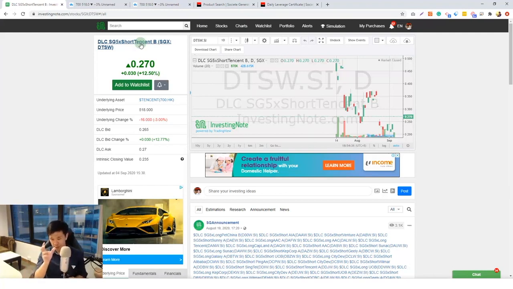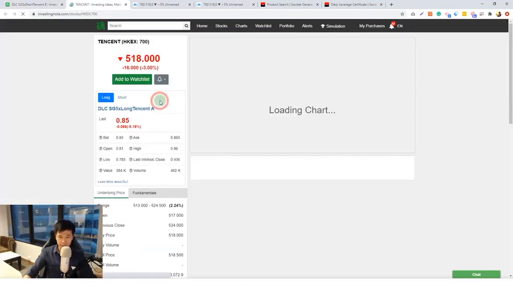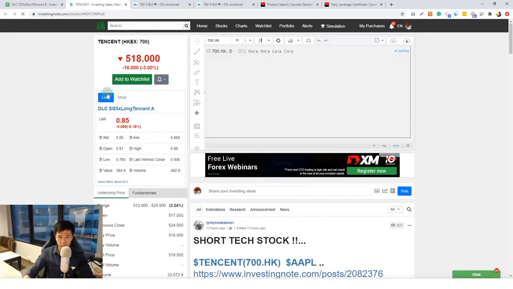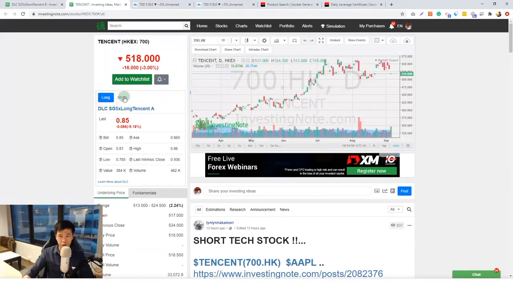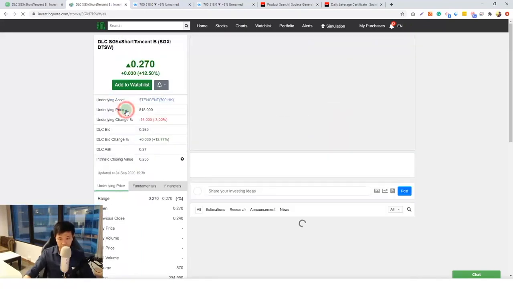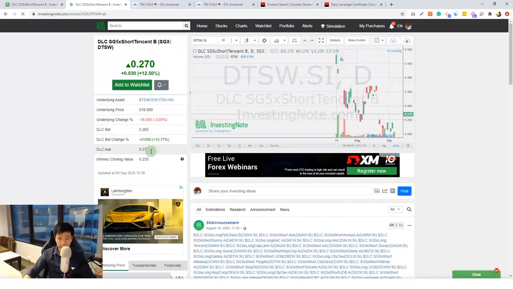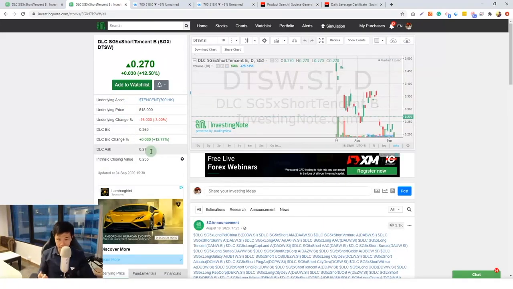There isn't just one DLC that's called Tencent where you can go long and go short. You need to select it. In this example, if you're thinking of going long, you need to click long. If you're thinking of going short, you click short, right? So expecting price to go down for Tencent, that's why we pick short. We select on it, and then we need to buy this DLC.